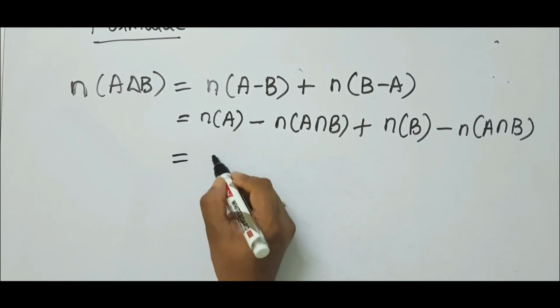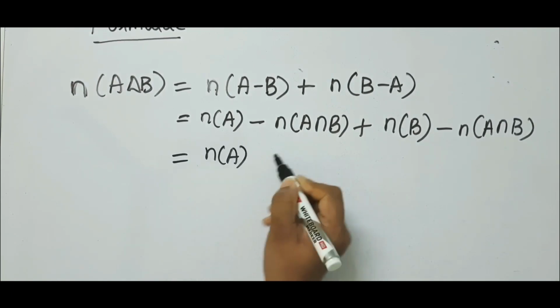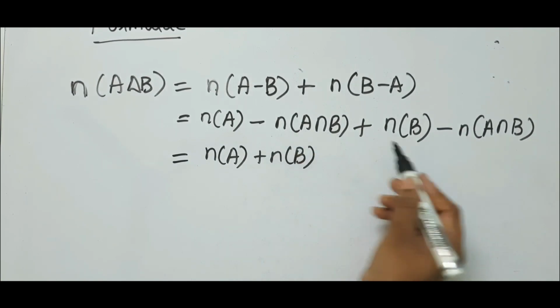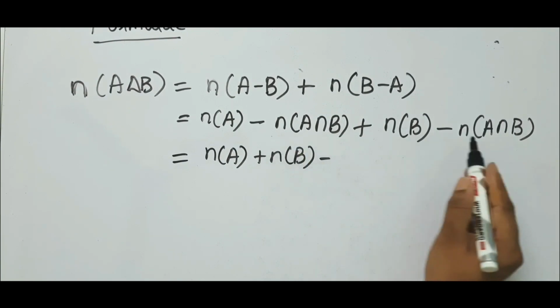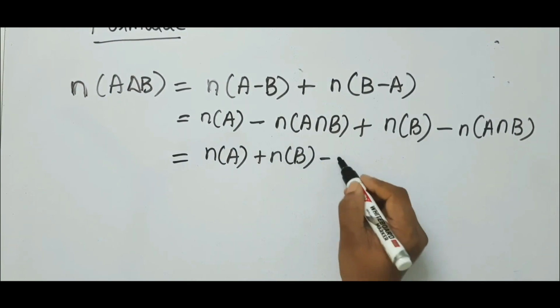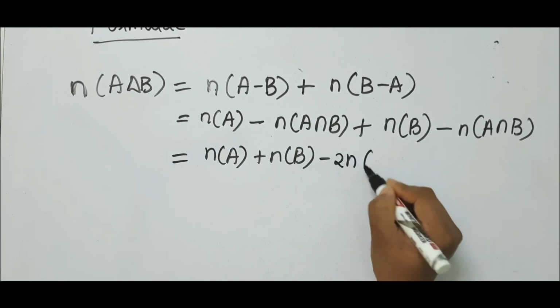So this can be written as the number of elements of A plus the number of elements of B. Here 2 times we have subtracted. So minus here 1 and here 2. So 1 when we add, this becomes 2n of A intersection B.